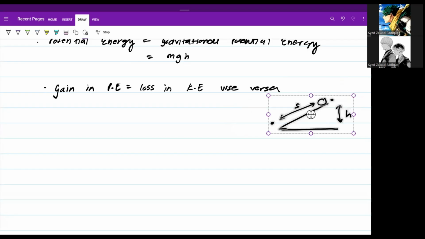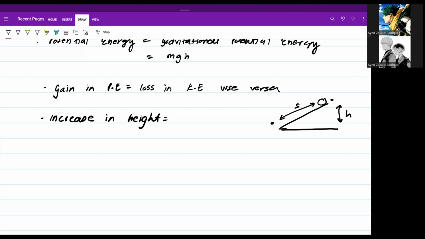What's left? Oh, right. They can ask you things in this chapter in a roundabout way. For example, let's say the question says increase in height.